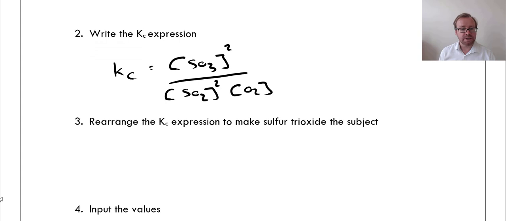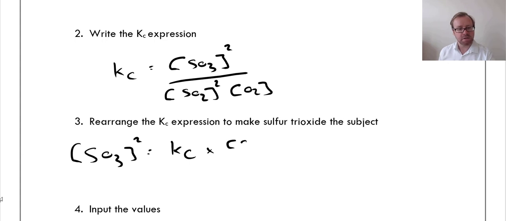And now I need to rearrange the Kc expression to make sulfur trioxide the subject. So that means I would have SO3 squared equals Kc, I've brought this up to this side, times SO2 squared times O2.